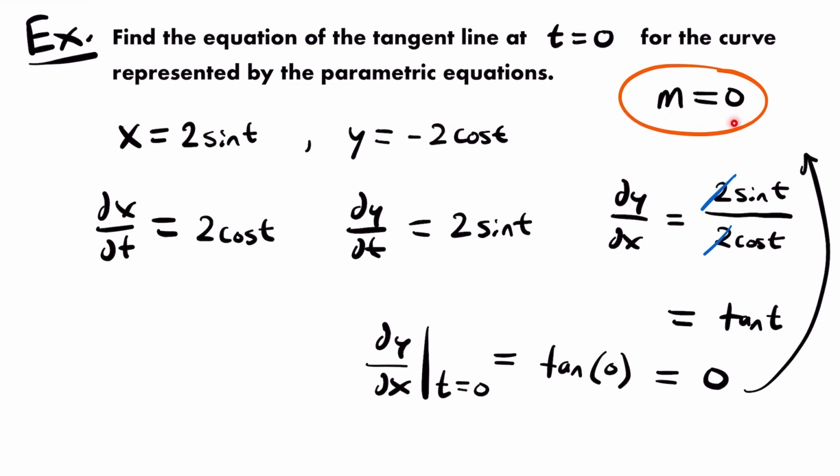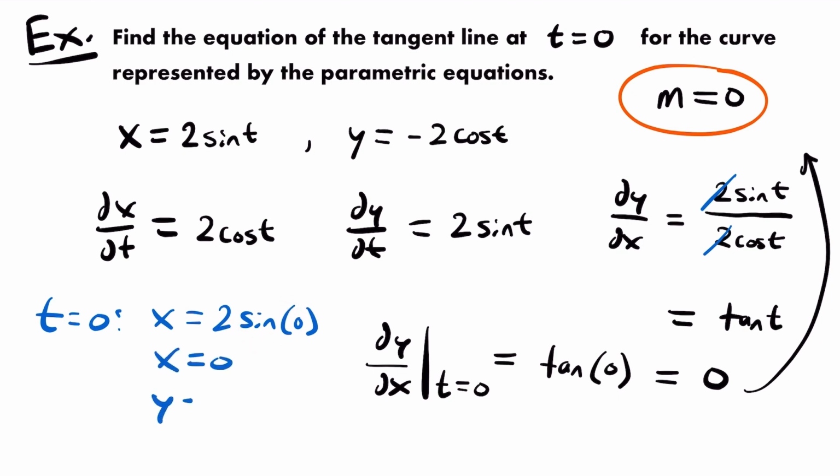All right, so now that we have that, now we need to find the point that corresponds to this value of t. So to find that, we need to plug this value of t, which is 0, into each of these parametric equations to get the x-coordinate and the y-coordinate. All right, so when t equals 0, x will be equal to 2 times sine of 0, right? x is equal to 2 times sine t, so we have 2 times sine of 0, and sine of 0 is equal to 0, so we have 0 times 2, which is 0, so x equals 0.